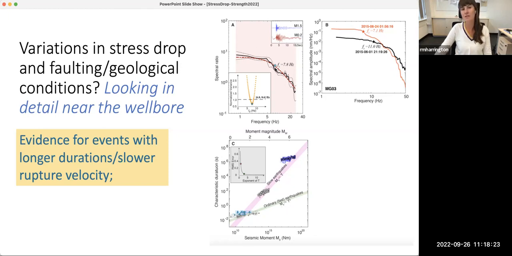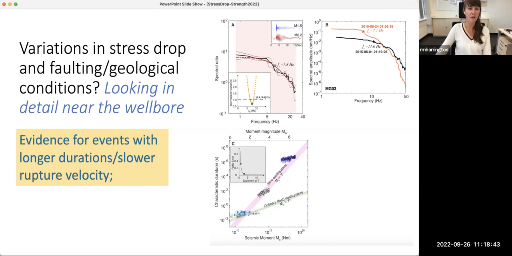And up here, I just have some example spectra and spectral fits of these different types of earthquakes. But what you can probably see is that for these EHW events, we don't have a wide magnitude range, but we don't have any reason to believe that they don't fall along this moment duration cubed scaling.